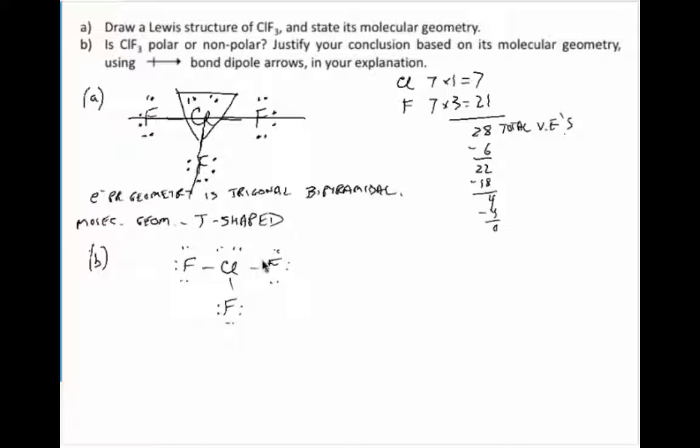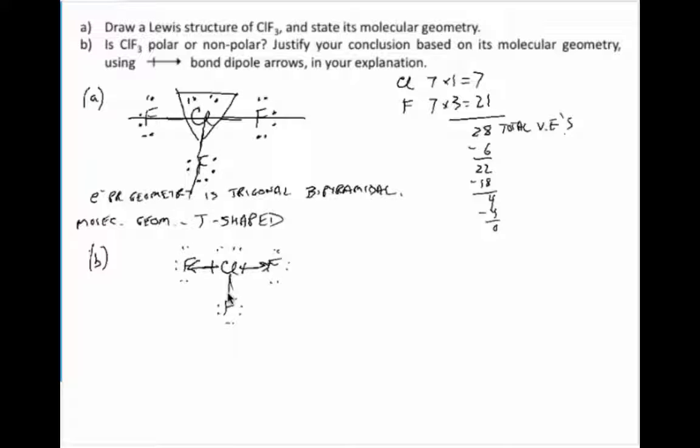So now we see that the positive atom is in the middle, the electronegative atoms are on the outside. So therefore we have a dipole this way, and we have a dipole this way. These two cancel each other out. They're the same strength because you have the same atoms on either side.